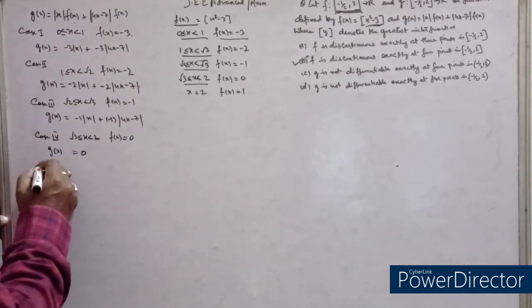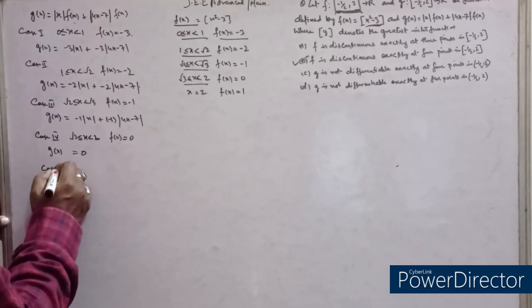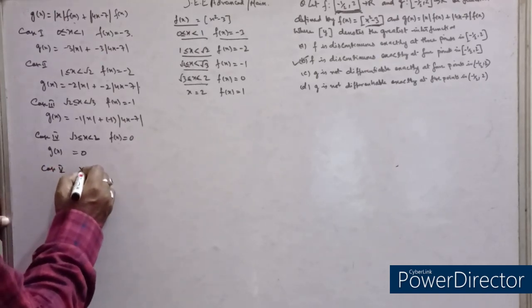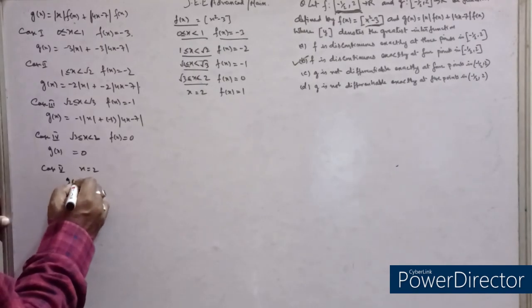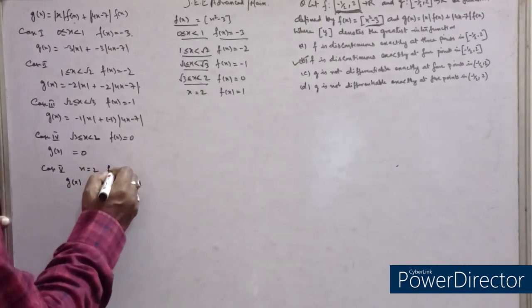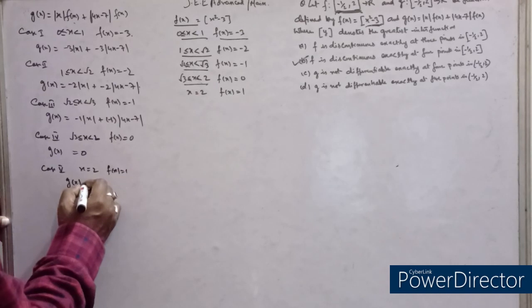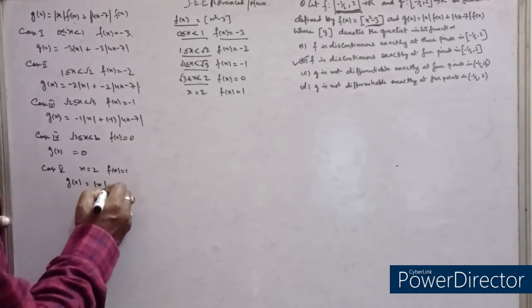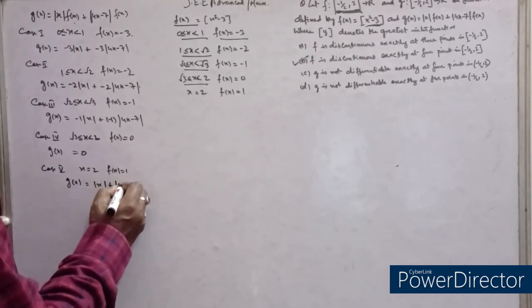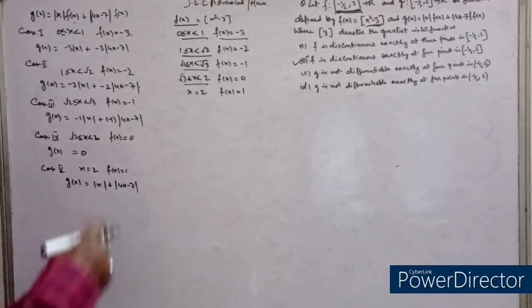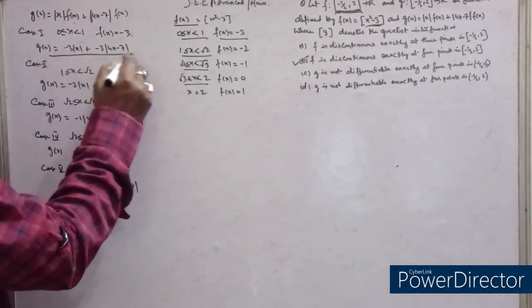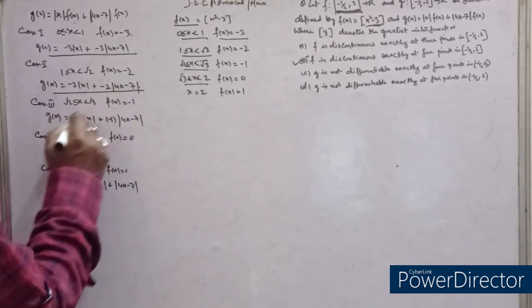And for case 5, x is equal to 2, f(x) is 1, so your g(x) will be modulus x plus modulus of 4x minus 7. These 5 are the g(x).